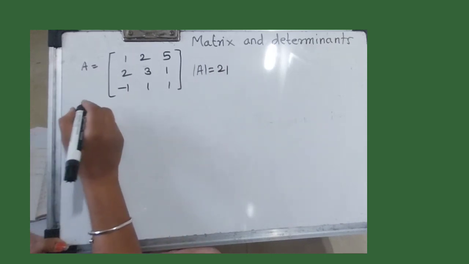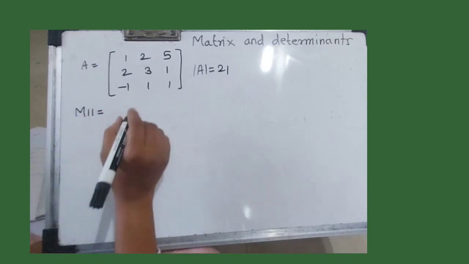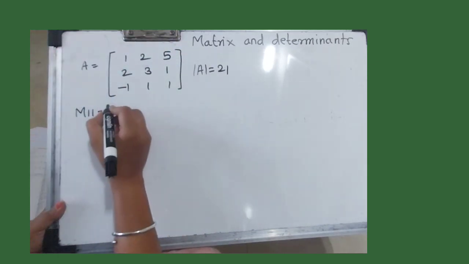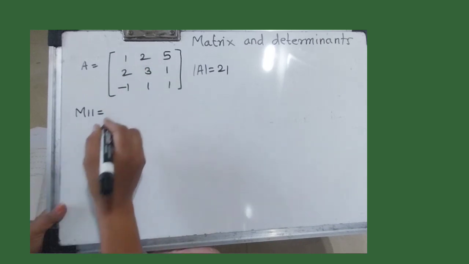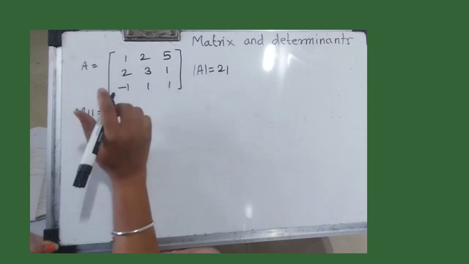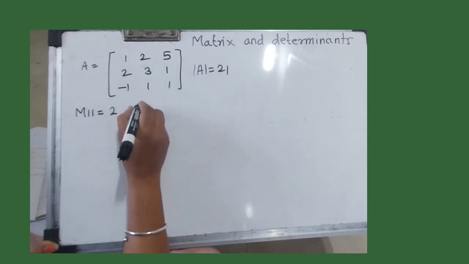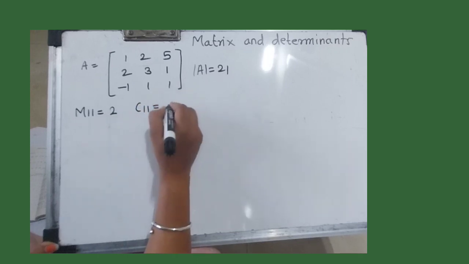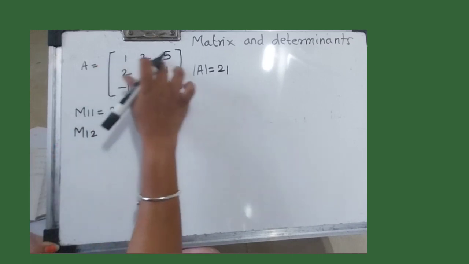Next step is M11. How to find M11? See, first row, first column. I already told you how to find the minor of a 3 by 3 matrix. So it is 3 minus 1, so it is 2. Okay, C11 is 2. Okay, M12, first row, second column.